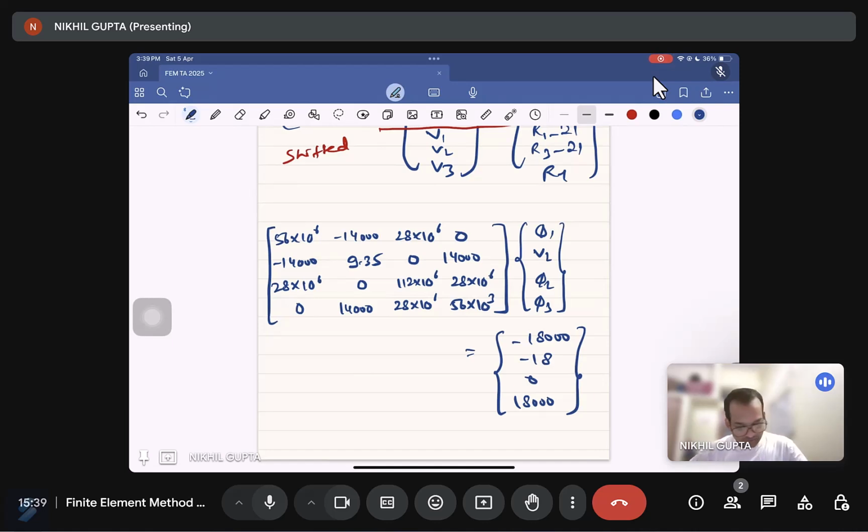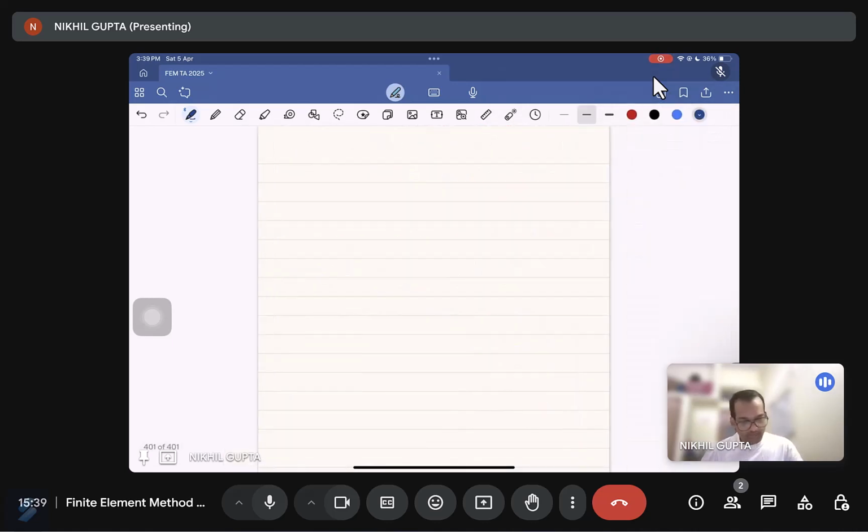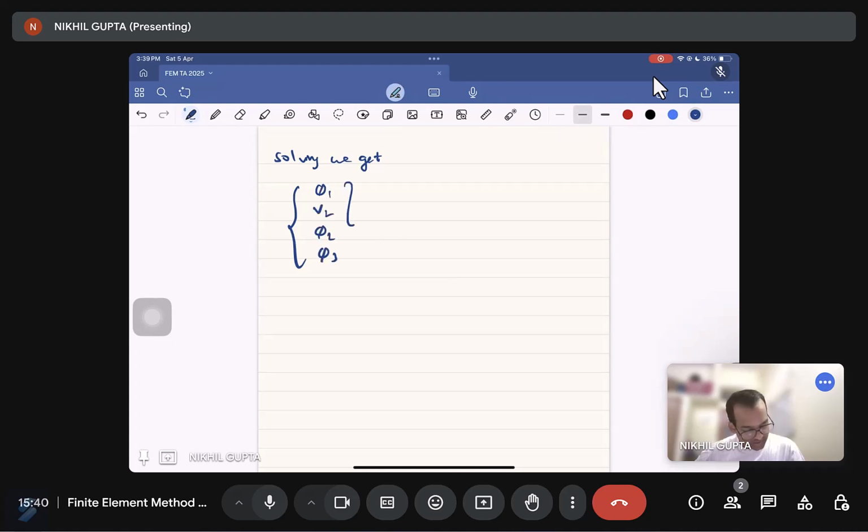Okay, so now you can solve the problem. You have four equations, you have four unknowns. By solving either in MATLAB or some computational software, we get phi 1, V2, phi 2, phi 3, which will be equal to minus 0.0032 radian, minus 11.52 mm, then this will be 0 and 0.0032 radian.